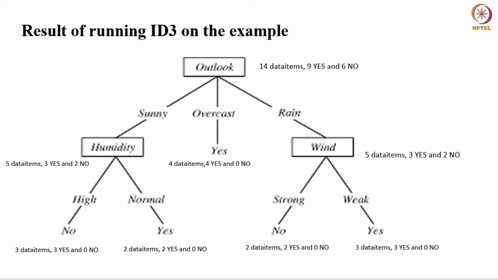And we ended up with actually 5 leaves of this tree. And it turns out that in this case, only 3 of the 4 features were used to produce the decision tree.